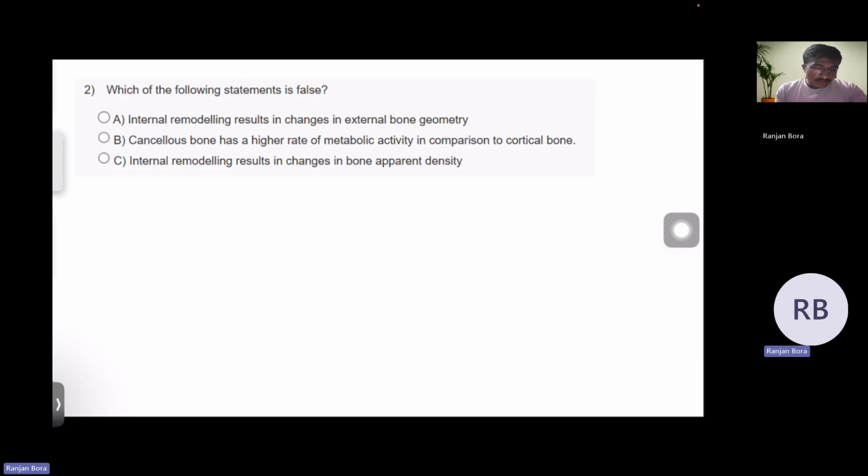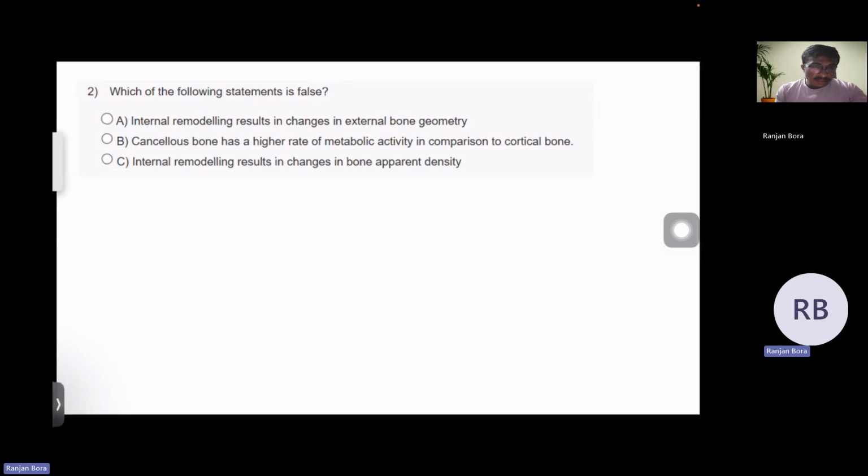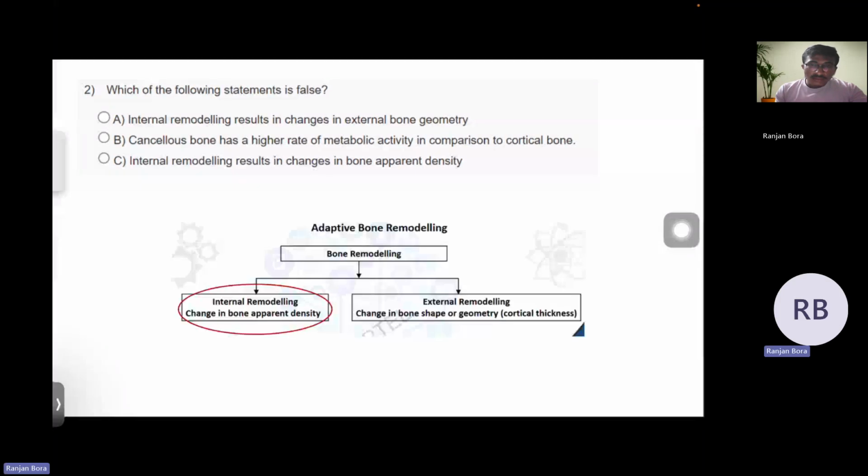Next question is which of the following statements is false? Three statements are given, and one of these statements is false. It is talking about bone remodeling. First we will see how many types of bone remodeling there are.